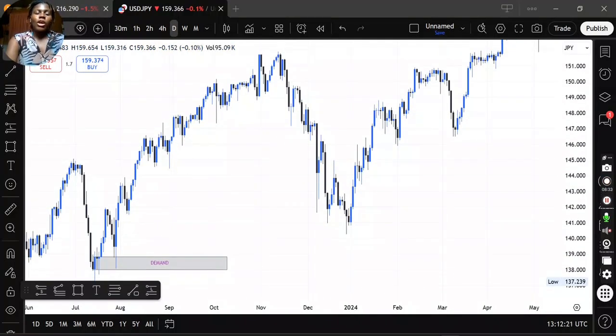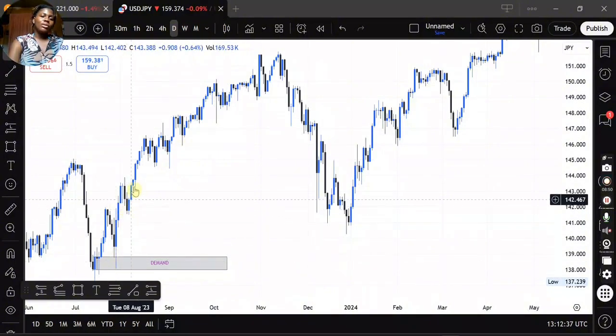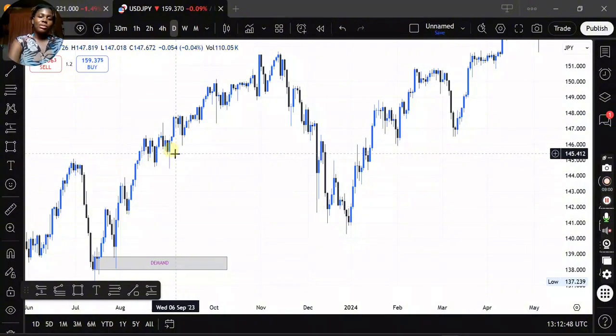Now if you don't want to mark them very little like that, you can just pick out the overall demand level, take the overall support level, and then just wait for price to retest back into those levels, and then you do your thing. But this is a higher time frame, it's a daily time frame, so doing this is not bad, because this is a lot. Each candle here represents a whole day, so you can tell how many days it took for all of these trades to hold and the amount of pips that they would be.